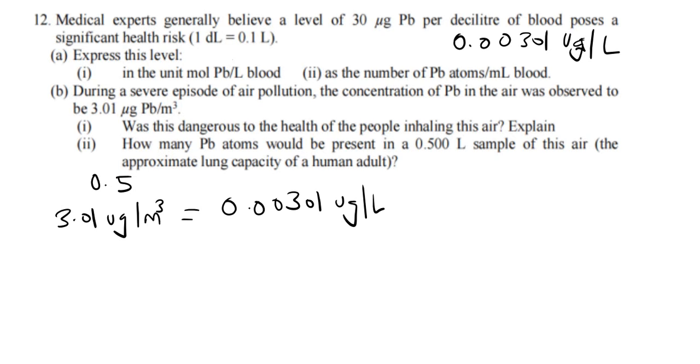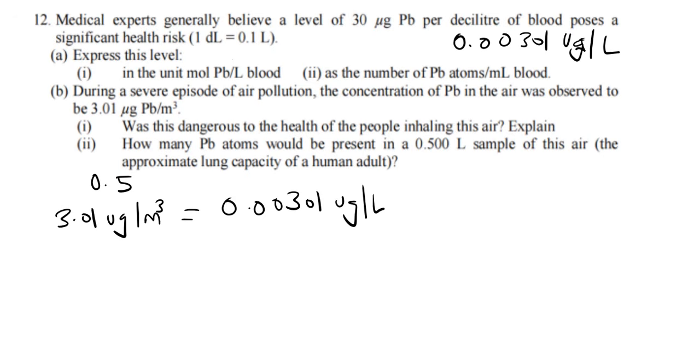Now the mass of lead in these liters, what is it going to be? We've been given 0.5 liters. This is microgram per liter, so what if we put 0.5 liters? What are we going to have?